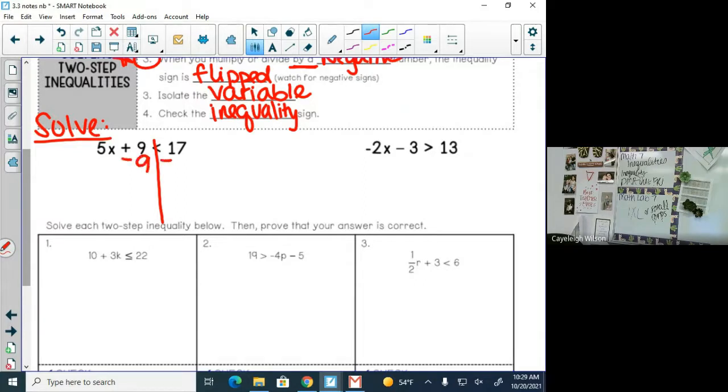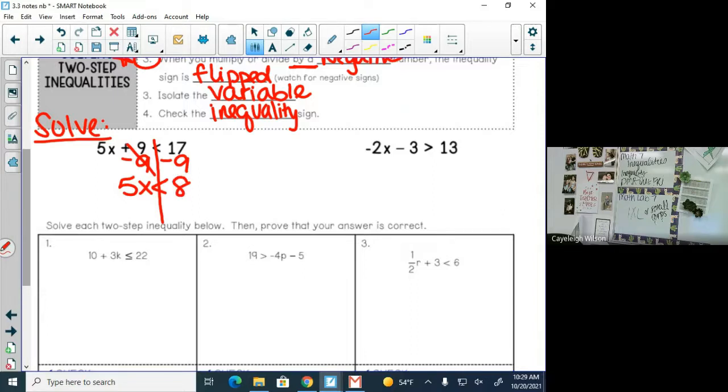Those cancel out. Whatever I do to one side, I do the same to the other side. So 9 minus 9 is 0. They cancel out. So I'm left with 5x. It's 17 minus 9. I'm not changing my inequality sign because I'm just subtracting, and that rule for flipping doesn't apply to adding and subtracting. 17 minus 9 is 8.